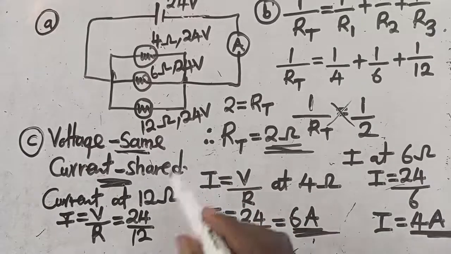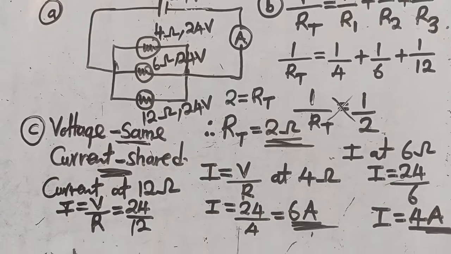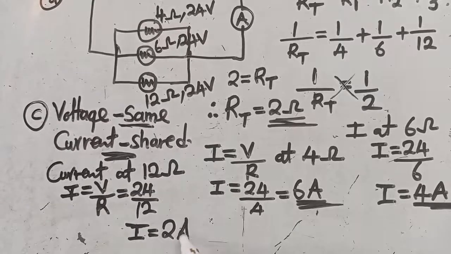So 24 voltage, resistance 12. If we divide there, what answer are we getting? Current is therefore equal to 2 amps. That is our formula. As simple as that. This is the particular formula that we have to understand.